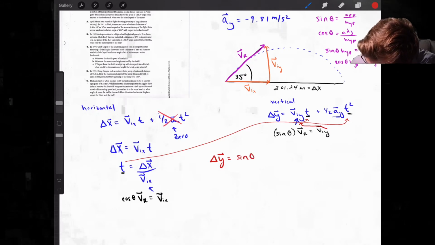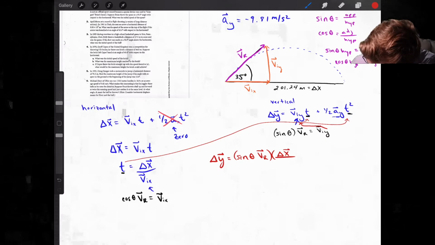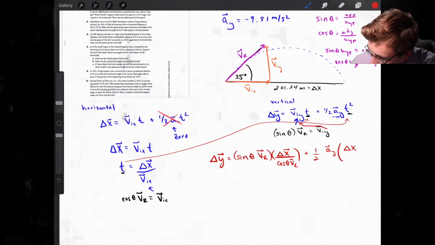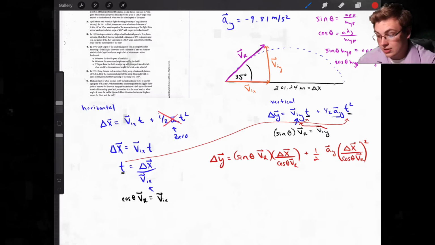sine of theta v_R times delta x over cosine theta v_R, plus 1/2 a, with t squared being delta x over cosine theta v_R, squared. Now I'm going to simplify that.